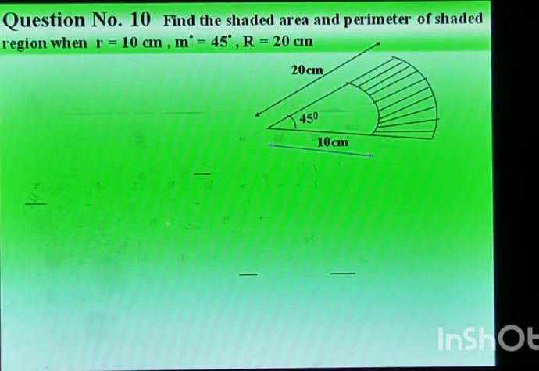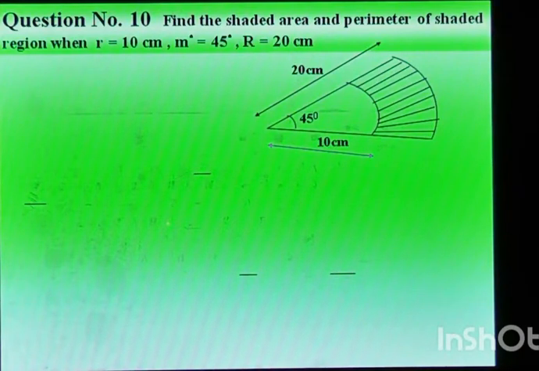Well, here is, my dear students, find the shaded area and perimeter of the shaded region when radius small r is equal to this, m is equal to 45 degree angle, and r is 20 centimeters.